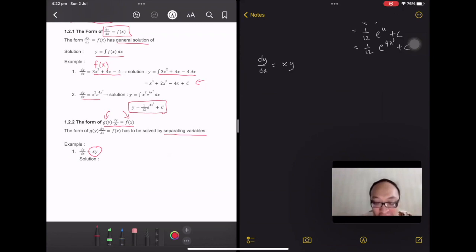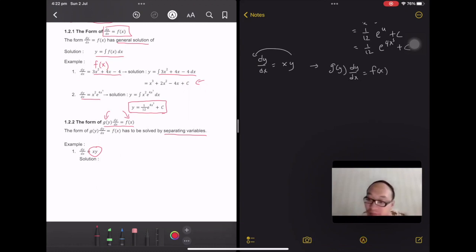By the separating variables method, we can separate the variables. So we can move the y to the left side. We have to change this into the form of a function of y times dy/dx equals a function of x.